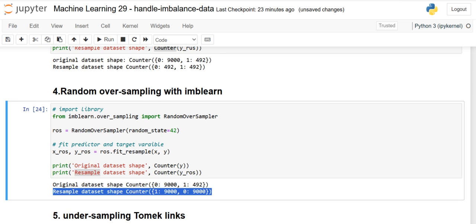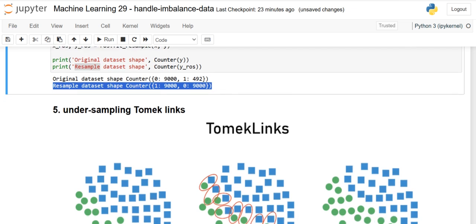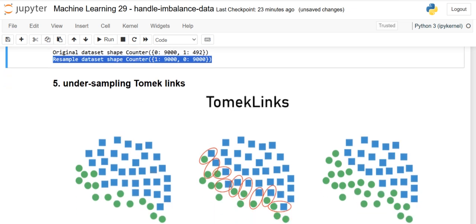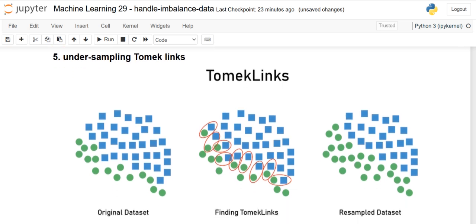Okay, and next, one more important technique, Tomek links. Tomek links are pairs of very close instances but of opposite class. Kindly observe, these are close but both are opposite, and this is under binary classification.